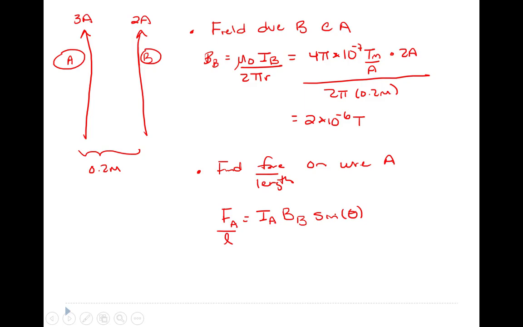Theta will again be 90 degrees, so we don't need to worry about that. 3 amps times 2 times 10 to the minus 6 Tesla, which works out to be 6 times 10 to the minus 6 newtons per meter. This concludes this part. In the final part of this unit, we go over examples with the right-hand rules.